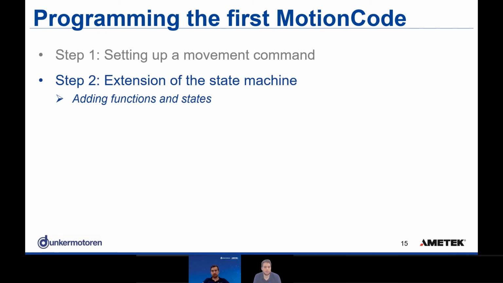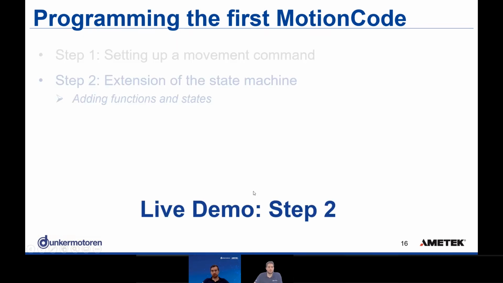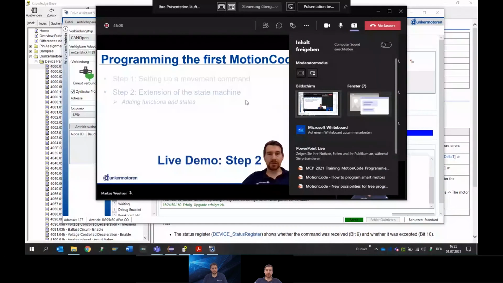Of course, we have to extend the program so that the full functionality is there, and that we will do by a separate state and by extending the state machine. So you will see in this next demo how to add functions and states to the program. With this short interruption from me, we already jump back to Alex. Thank you, Markus.